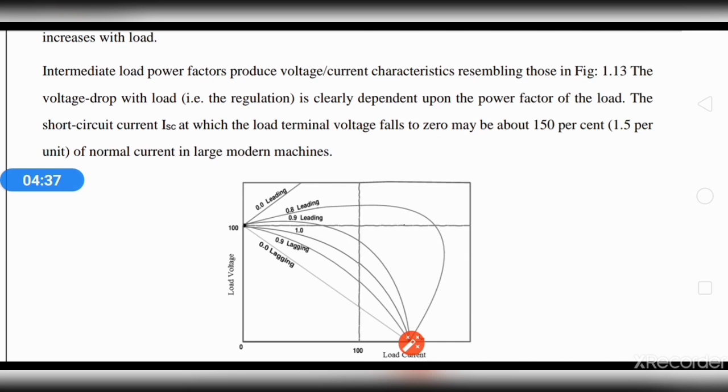It is showing, depending upon the load power factor, these equations and the short circuit current at which the load terminal voltage falls to 0, nearly about 50% of the normal current in large modern machines.